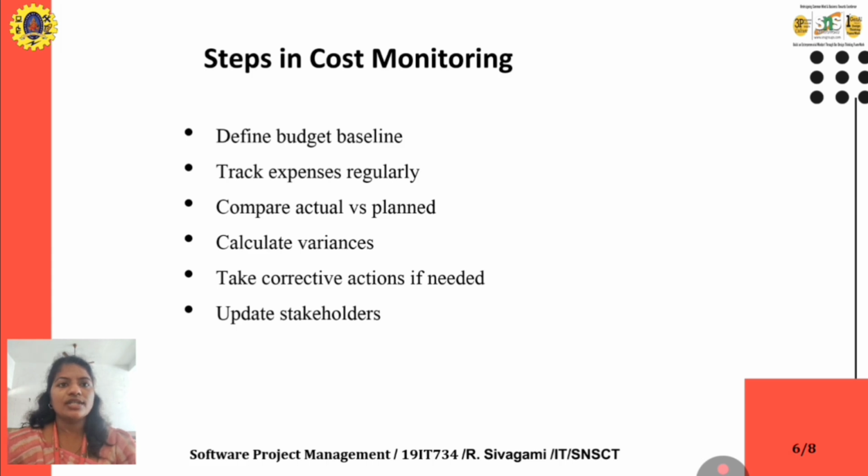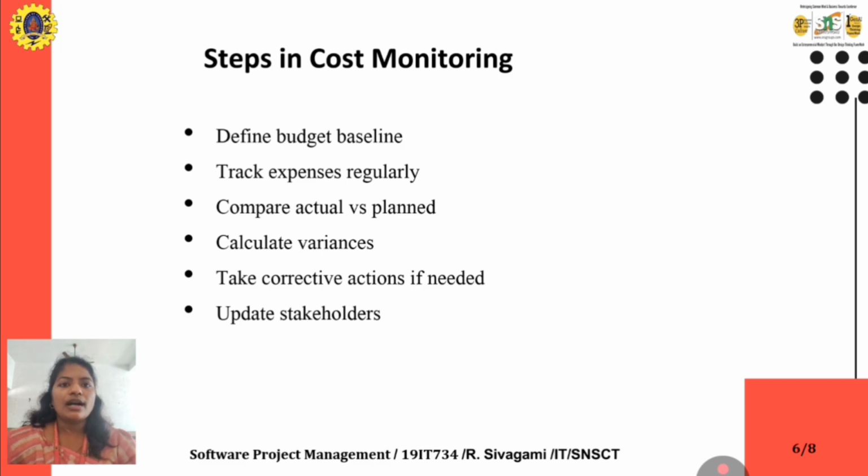The next one is to compare the actual and the planned. After completion, for every task we compare our actual and planned cost. Next, calculate the variance, how much is in excess or how much is reduced from our planned cost. Next, take corrective action if needed.